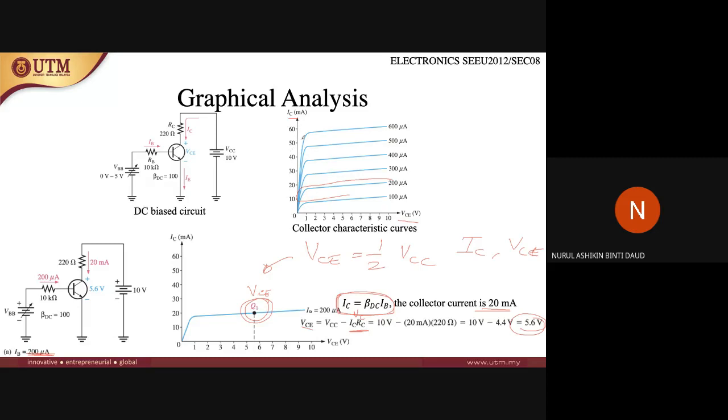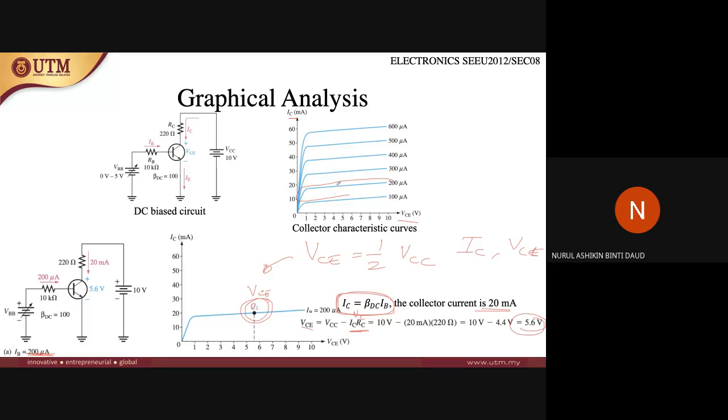So if you want to calculate the value of Q1, you need to take into account the potential drop at the RC here. So VCE now is equal to VCC minus the potential drop across the resistor, and you will get the value of the Q point as 5.6.